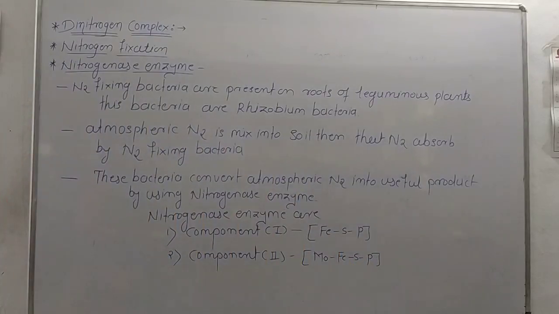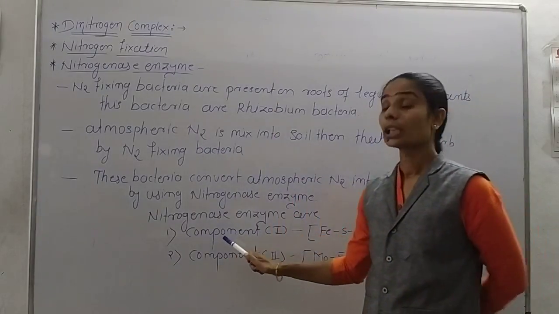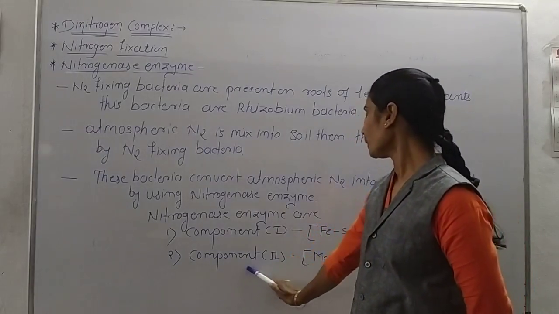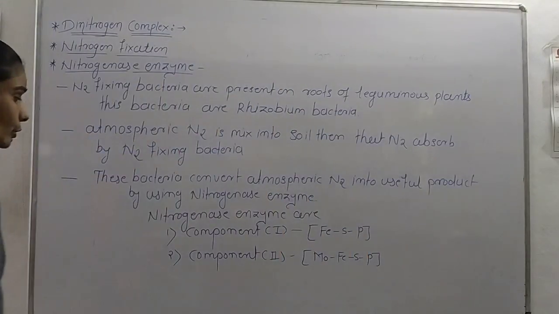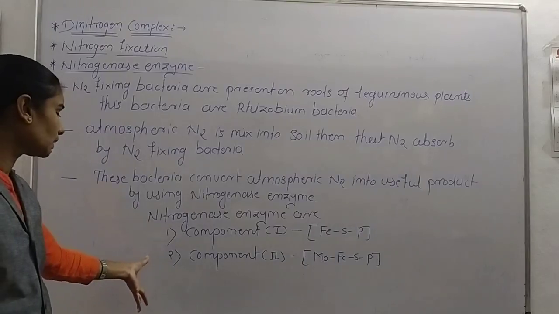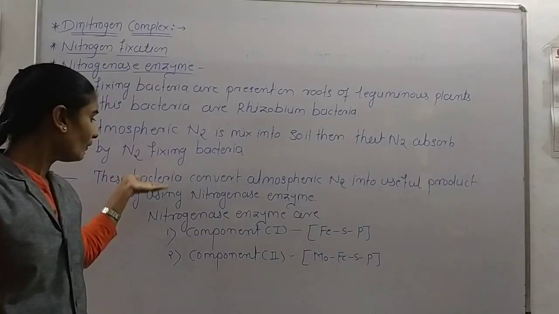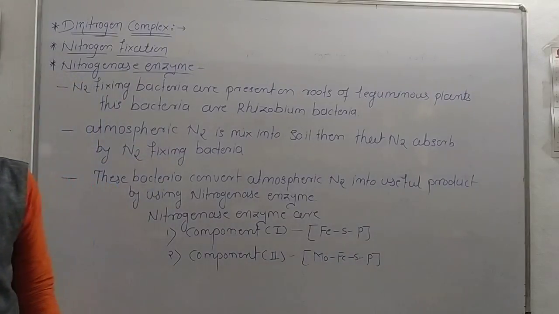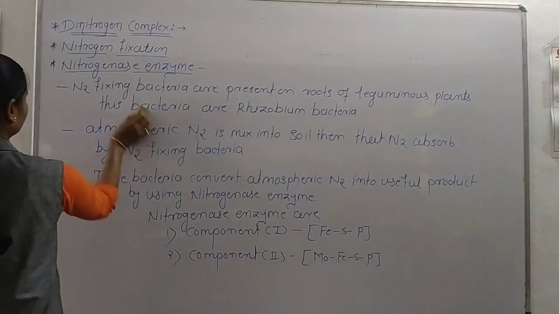These two nitrogenase enzymes are called component 1, the iron sulfur protein, and component 2, the molybdenum iron sulfur protein. By using these two enzymes, the bacteria convert atmospheric nitrogen into a useful product, and that product is applicable for the living system.